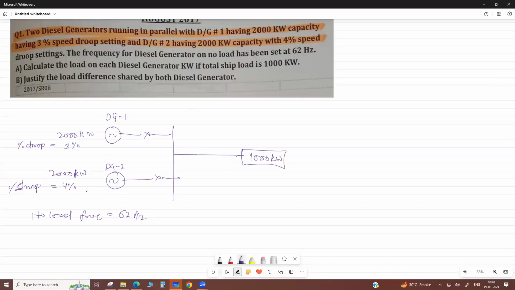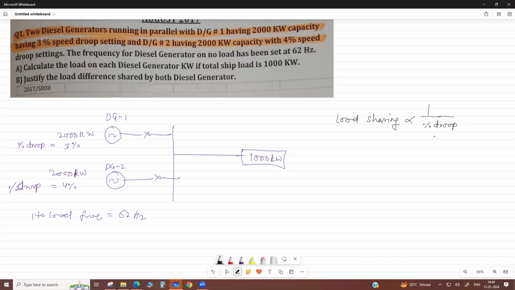But due to the difference in droop setting, you can write that load sharing is inversely proportional to the droop percentage.